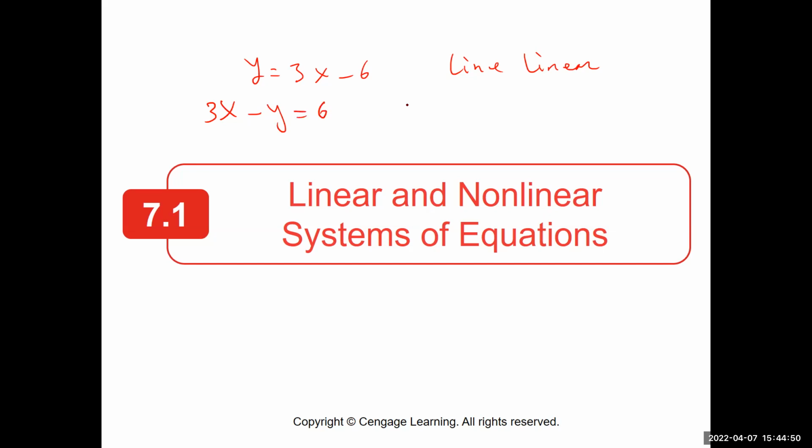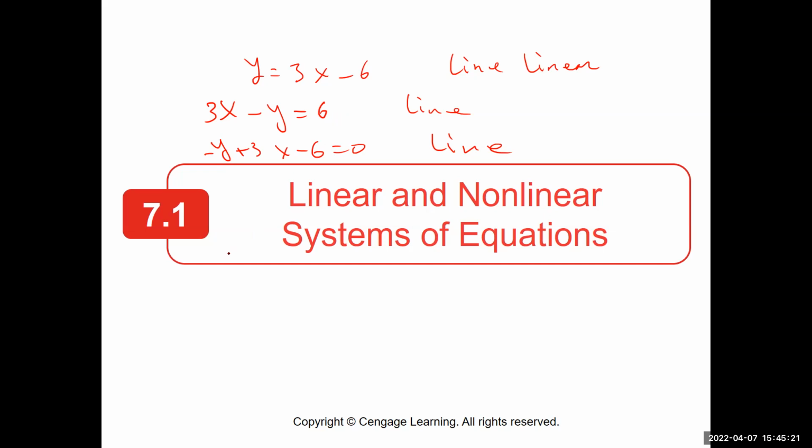Still a line, it didn't change. You can write it a different way: negative y plus 3x minus 6 equals 0. Still a line. So a line can be written in many different forms. Those are three forms, and all of them are linear.